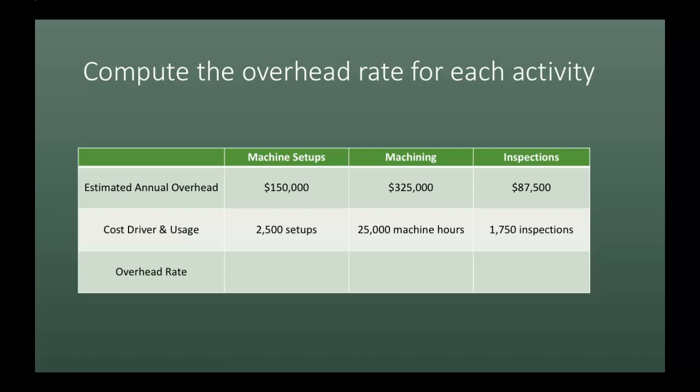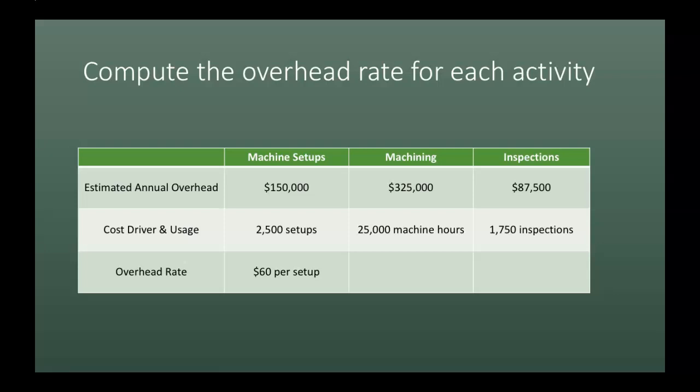So for our overhead rate, we're going to want a dollar per setup amount. So we take our estimated annual overhead and we divide it by our cost driver. So $150,000 divided by 2,500 setups gets us an overhead rate of $60 per setup.